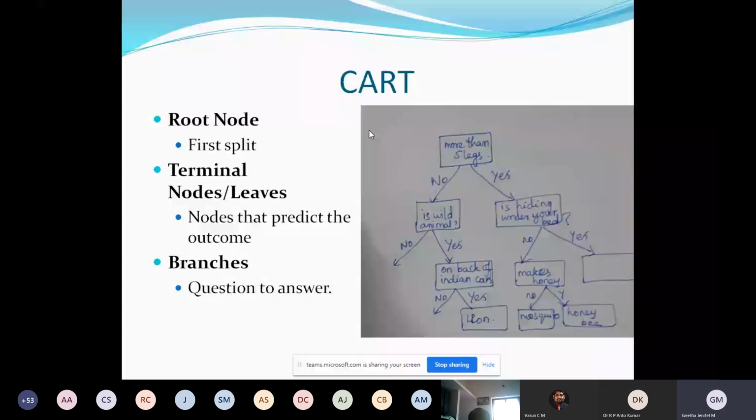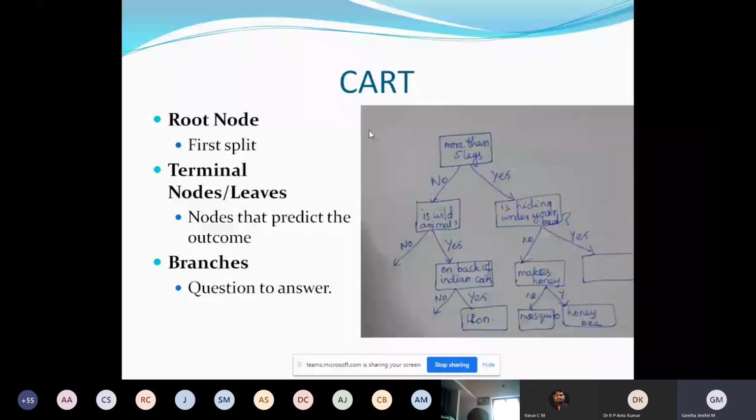In the above example, which is just an animal example, the root node would be the question, does it have more than 5 legs? The answer is either true or false, yes or no. If it has no more than 5 legs, the next question, that is the second split, is whether it is a wild animal, and like that. So here, more than 5 legs is the root node, the node that performs the first split.